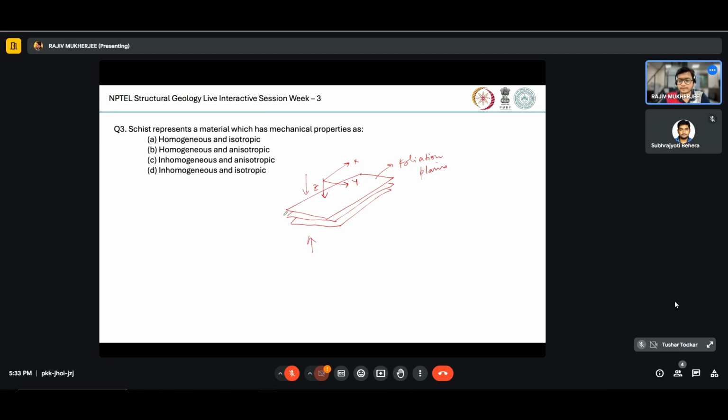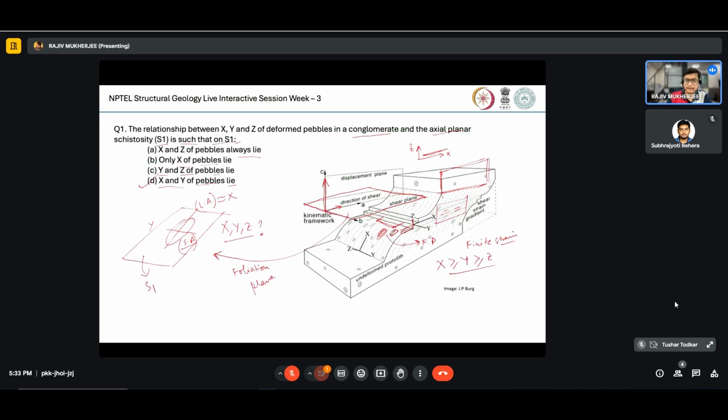Just as we have seen in the shear zone, these shear planes are the XY planes, and these are the foliations, like the shear plane. So the deformation event took place because of compression like this, right?